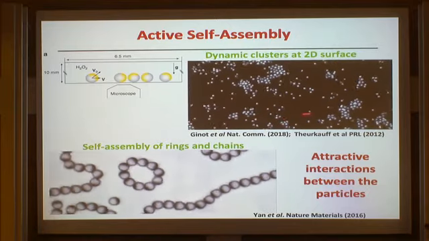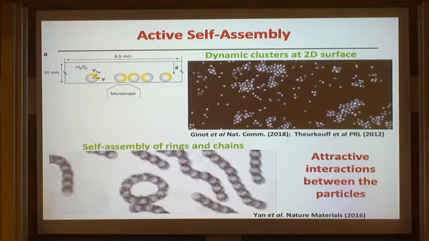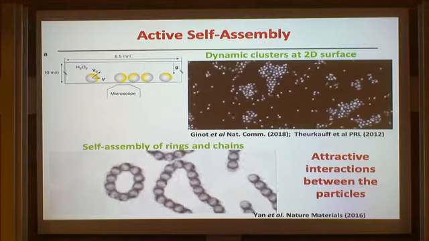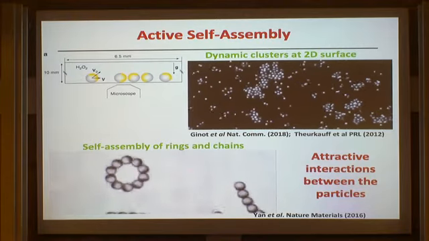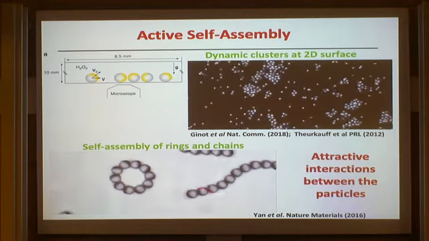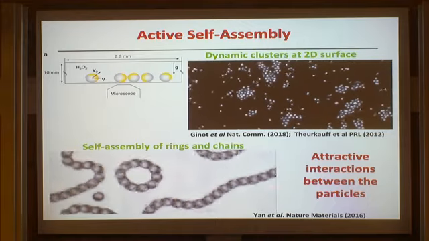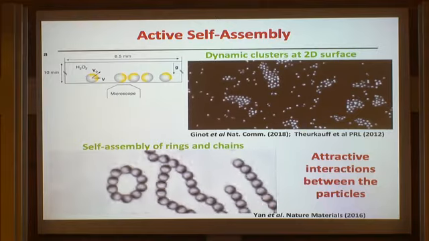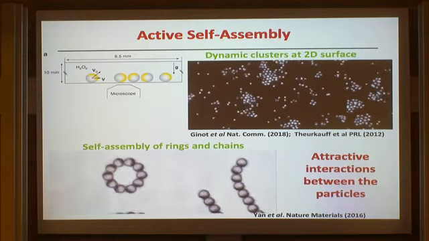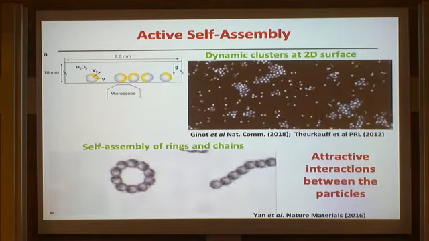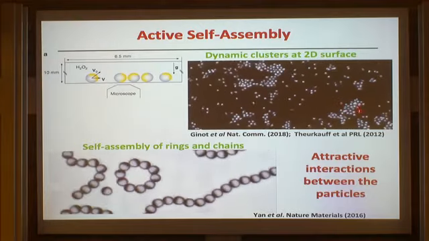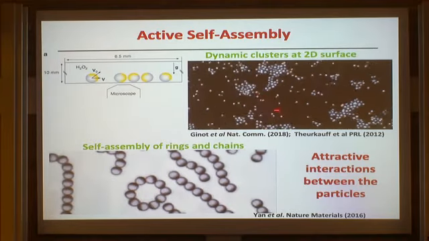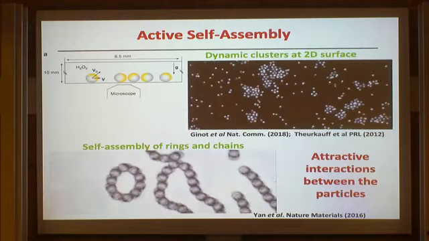These are super nice experimental works showing this. Here, these guys managed to self-assemble these rings and these worms, where the individual particles are simply self-propelled particles, and due to some electrostatic interactions, they can stabilize these beautiful structures.